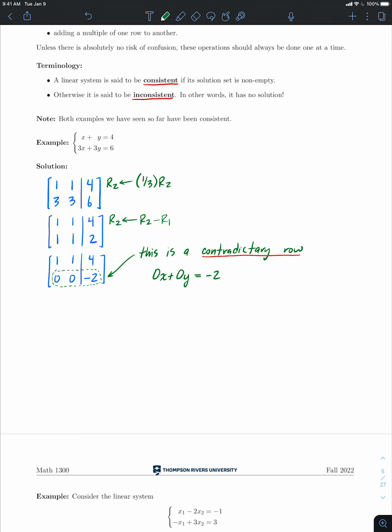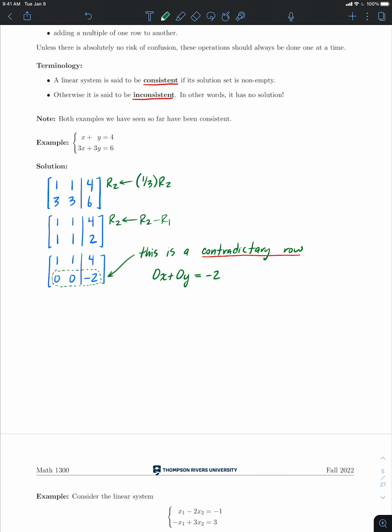So look at that equation, and you decide if there are any values that you can assign to x and y that are going to make that equation be satisfied. Give yourself a few seconds to think about it, and in fact pause this video if you want, but what you're going to find is that it's never satisfied.